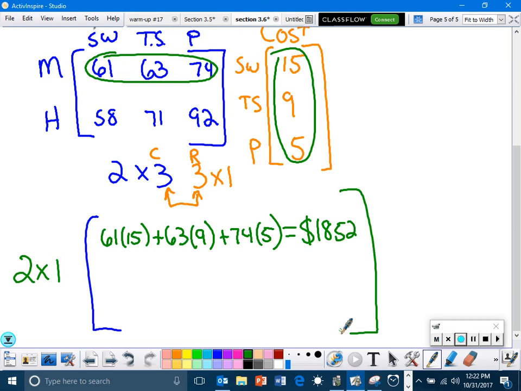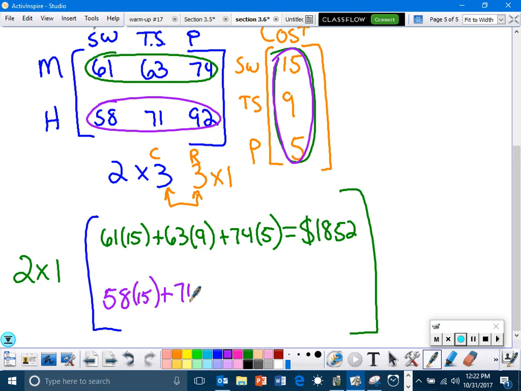The next one, we're going to go row, column. So that would be 58 times 15 plus 71 times 9 plus 92 times 5, and that's going to give us the price of $1,969. Well, what in the world does that mean?